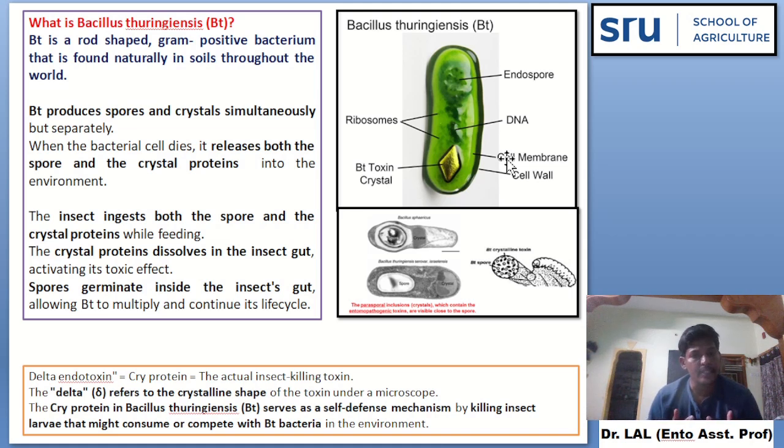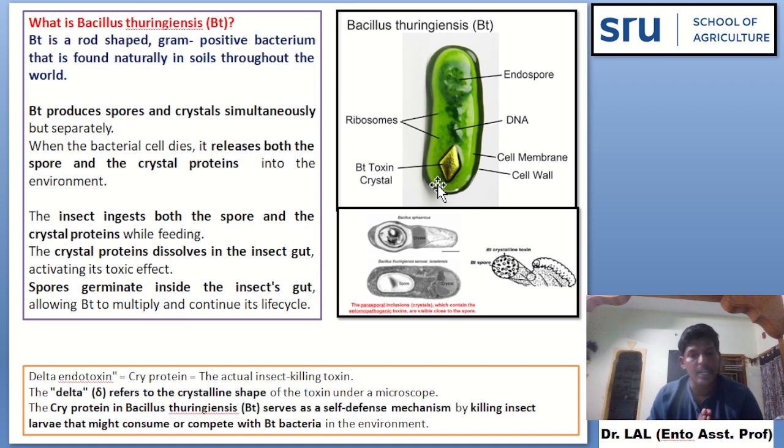This Bt bacterium produces spores as well as crystals simultaneously but separately. When this bacterial cell dies, it releases both the spores and crystal toxins into the environment. The insect ingests both the spores and the crystal proteins from the environment while feeding.